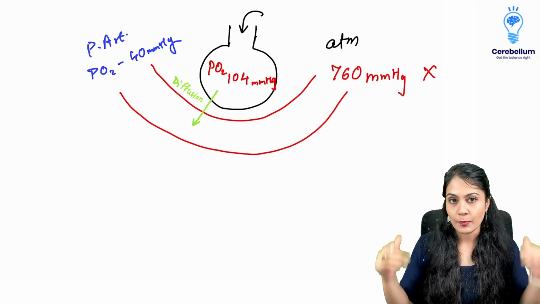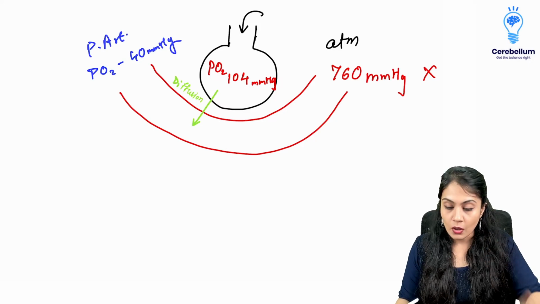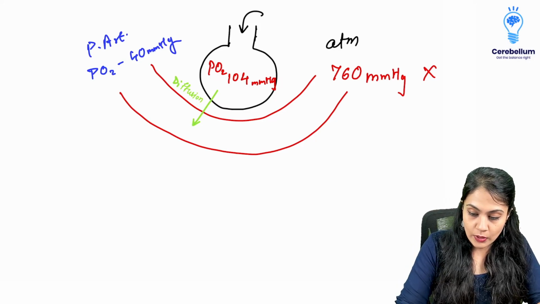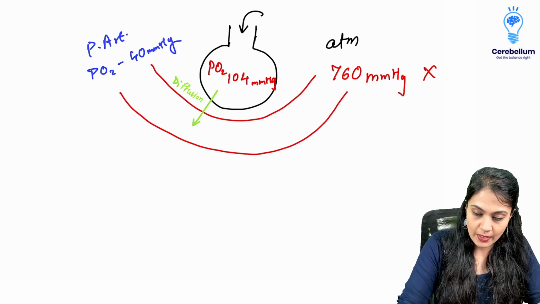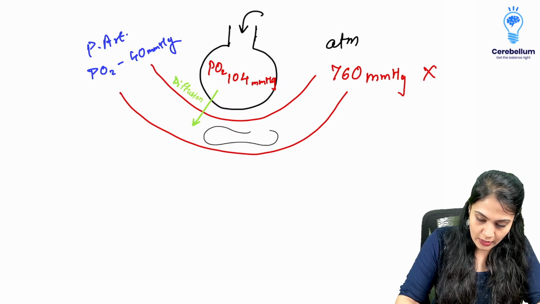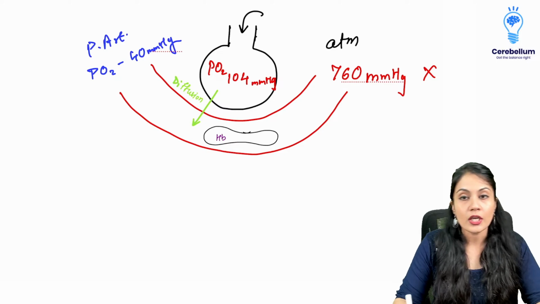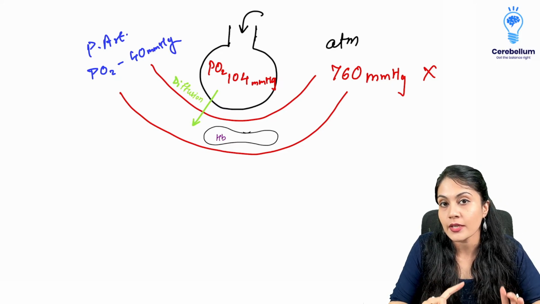Then what will happen? Where this maximum oxygen goes, can you tell me who is the carrier of oxygen? The oxygen loves to get transported with the help of RBCs, right? So they're going to travel through the RBC. In the RBC, I'm going to have hemoglobin, right? So the hemoglobin bound form is going to be 98 to 99%.